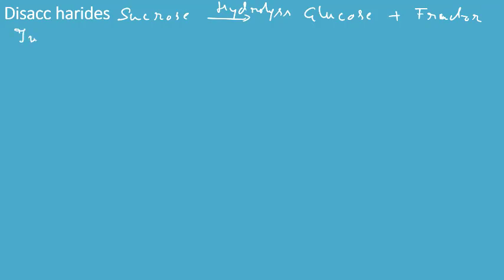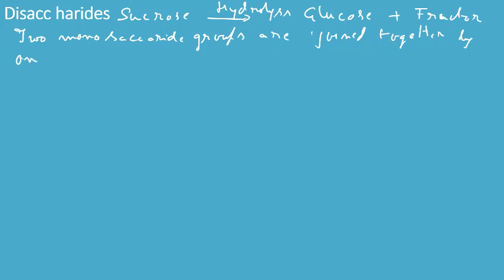So the monosaccharide groups are joined together by an oxygen linkage, and this link is called a glycosidic linkage.